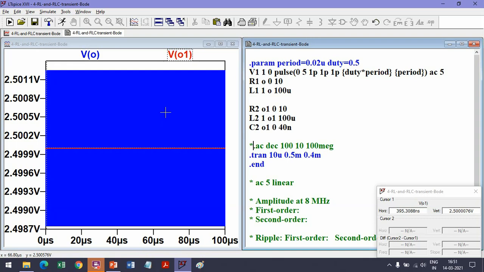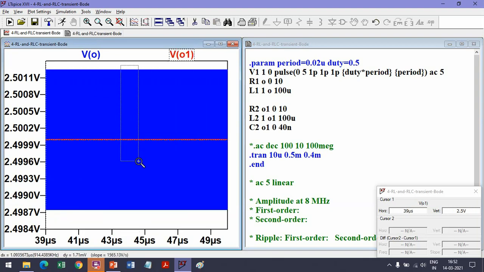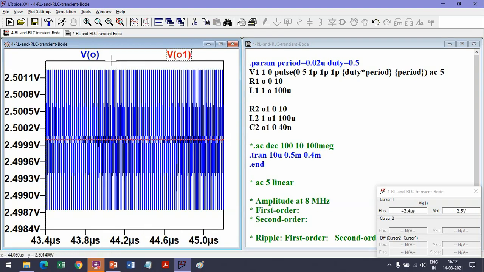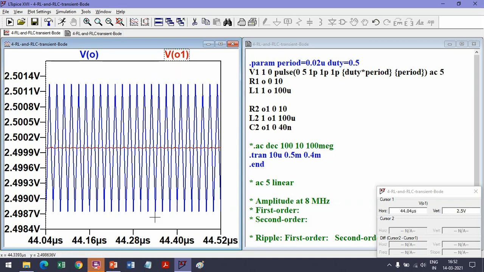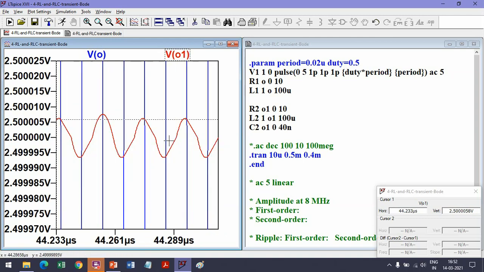The first blue is the first order, red is the second order. You can see that the ripple, well, I can magnify this. The ripple for the RL circuit, which we had seen last lecture, is about 24 millivolts, and for the second order filter, you can see it is very small, right? Let us expand this and see, very small, right?